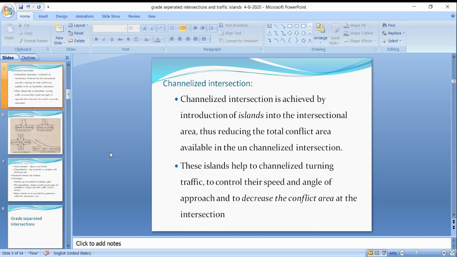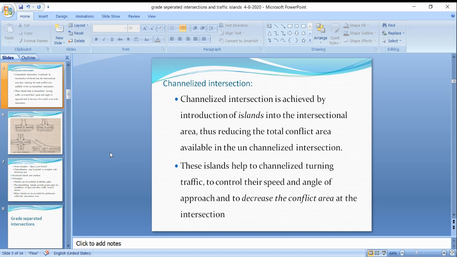On the road, it connects all the roads with some circle, which makes turning easy and makes an easy line. That is called an island, introduced into the intersection area, thus reducing the total conflict area.